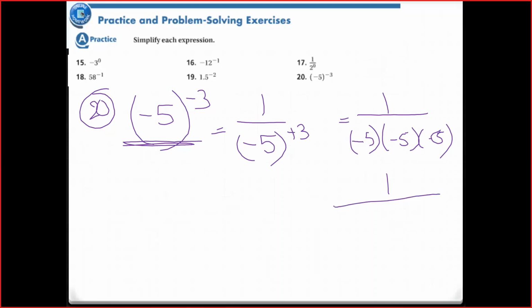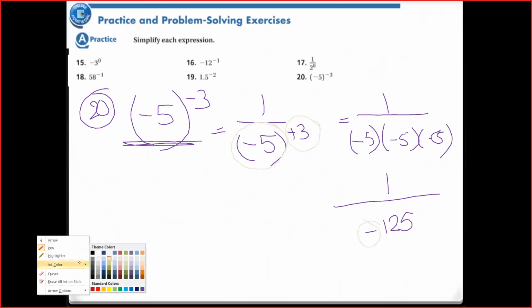Negative 5 multiplied by negative 5 is what? And positive or negative? Negative, I told you. Did you remember why? Because if the base is negative and the power is an odd number, the answer is going to be negative. Thank you.